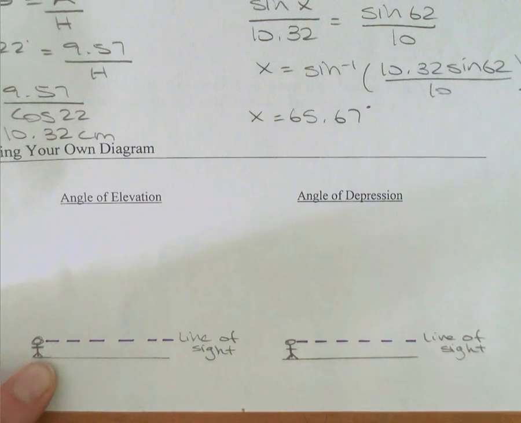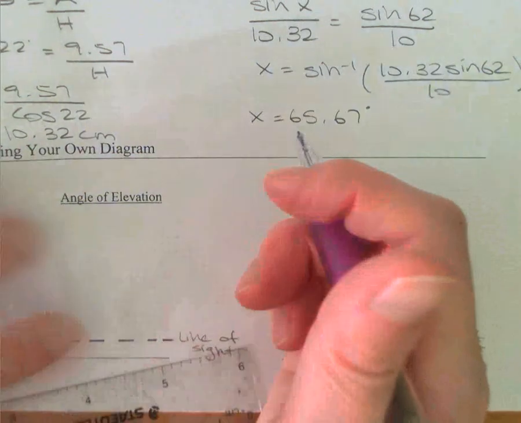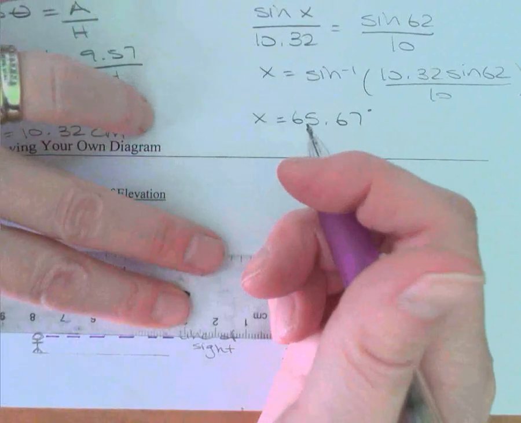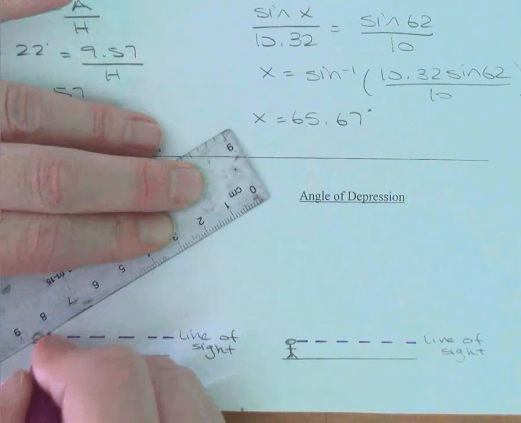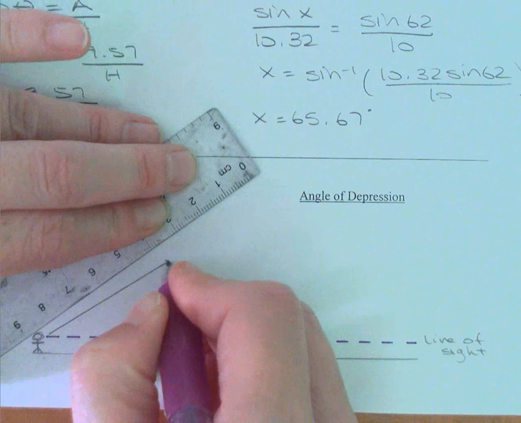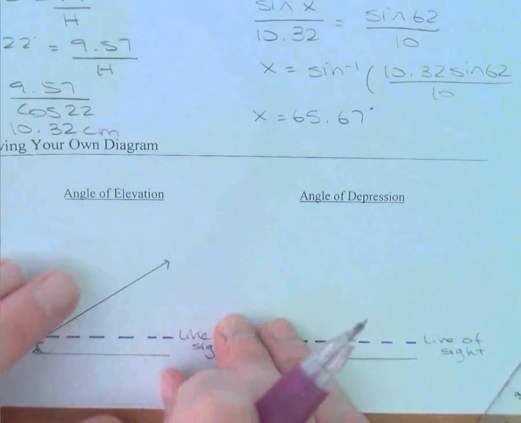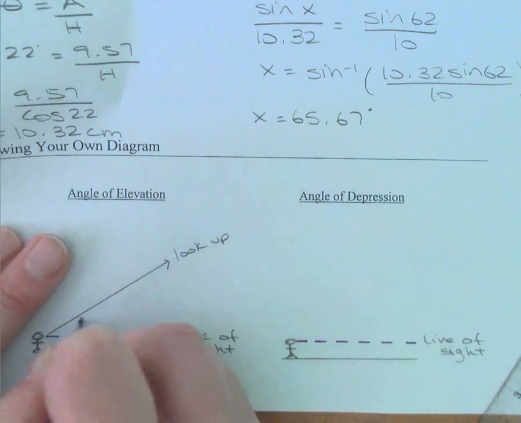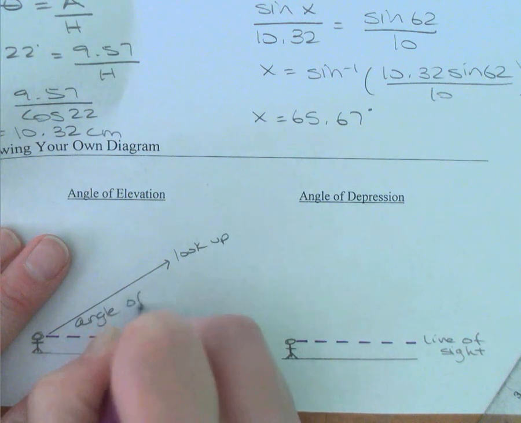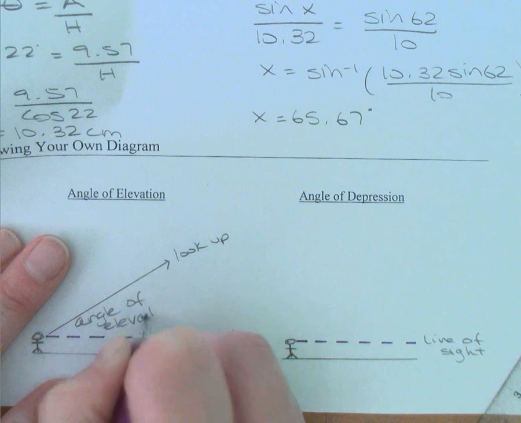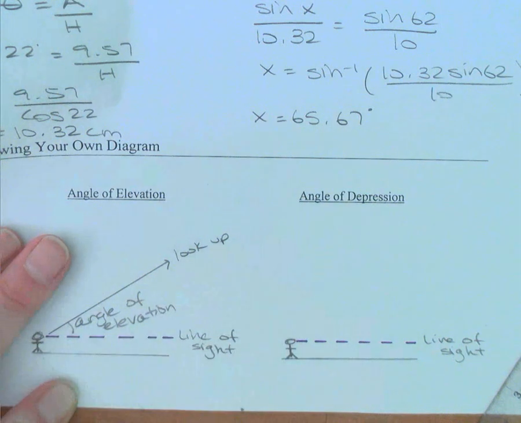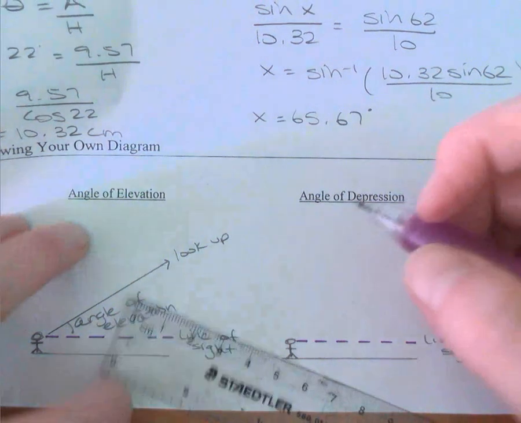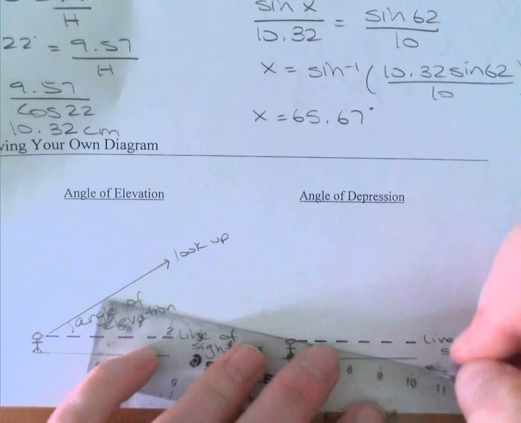Okay, so the angle of elevation is when we look up. So we look from the line of sight, and then we look up. This inside is the angle of elevation. The angle of depression is when we look down.